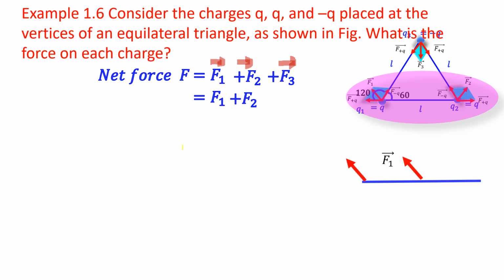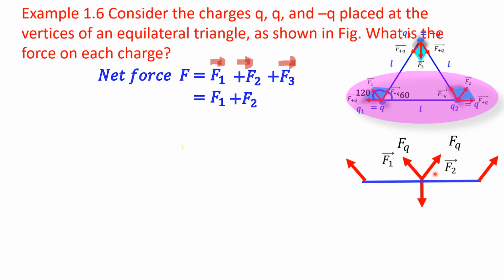Here this is F1 vector, its magnitude is FQ, and this is F2 vector and its magnitude is FQ. Next, F3 vector acts in the downward direction. To find the addition of F1 and F2 vectors, we need the angle.